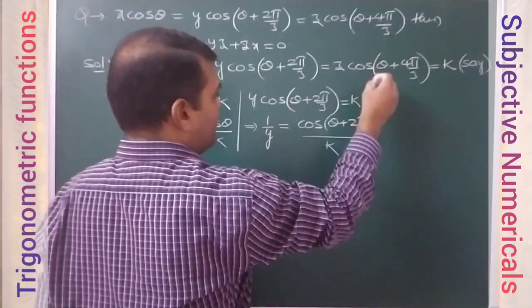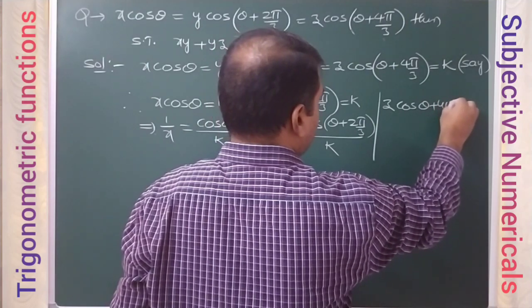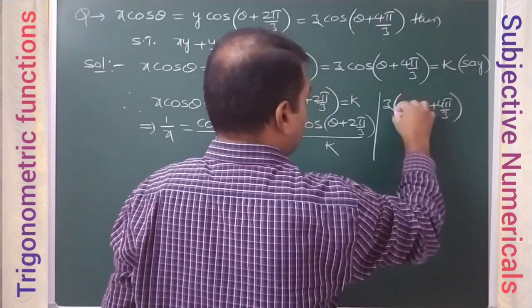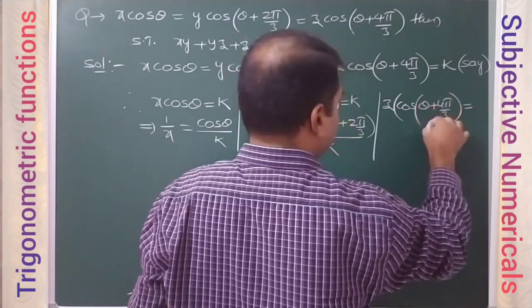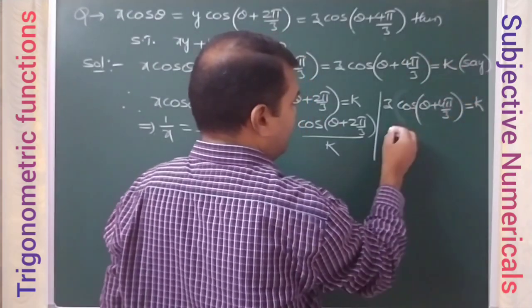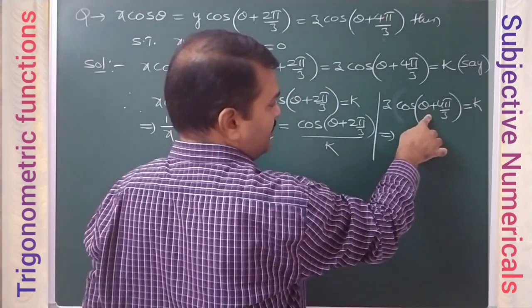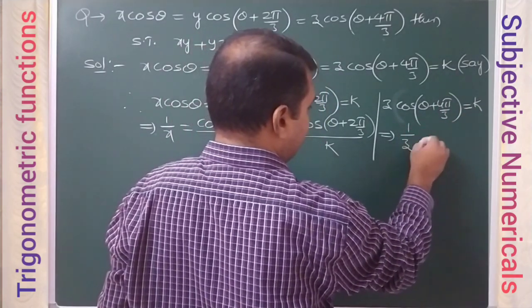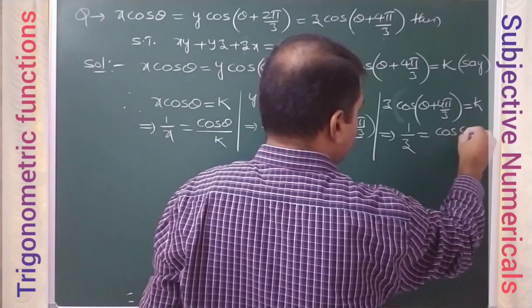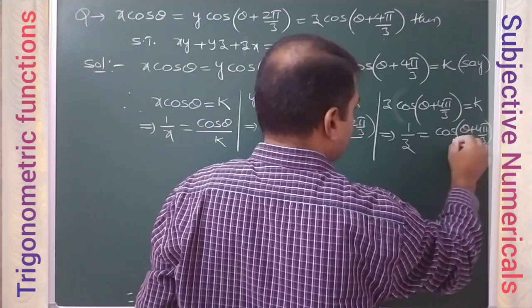And similarly last term z into cos of theta plus 4 pi by 3 is equal to k. So z is equal to k by this, and 1 by z is cos of theta plus 4 pi by 3 by k.